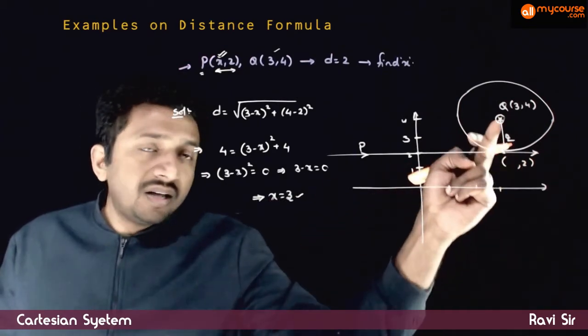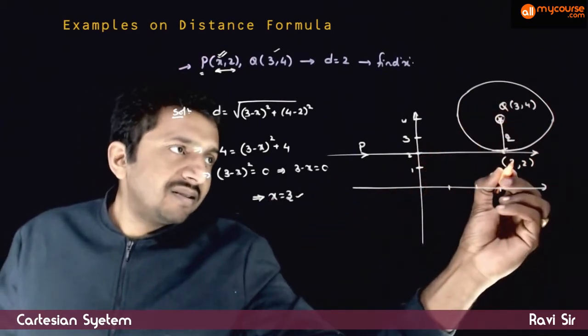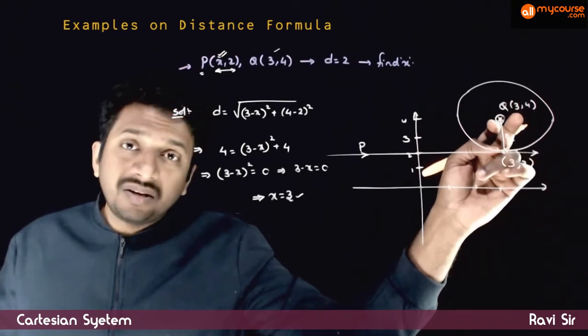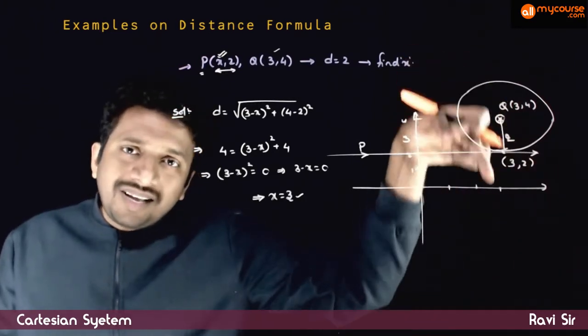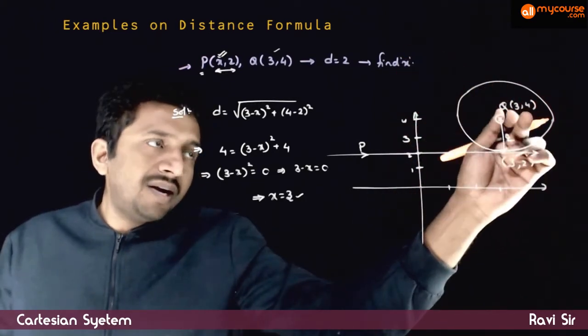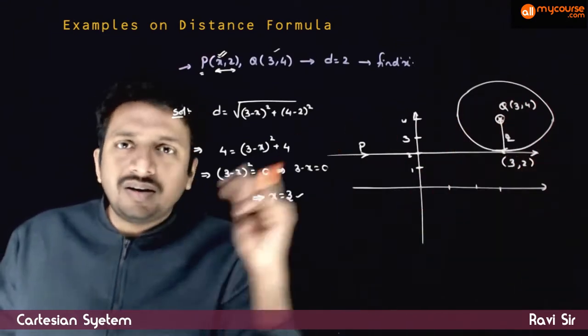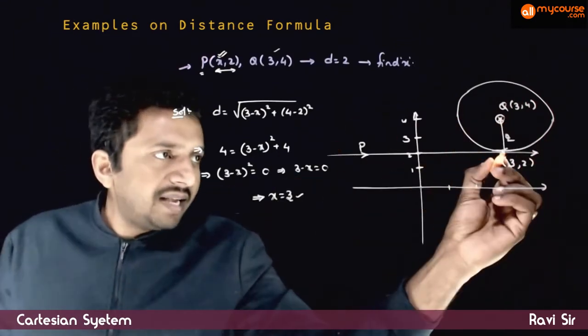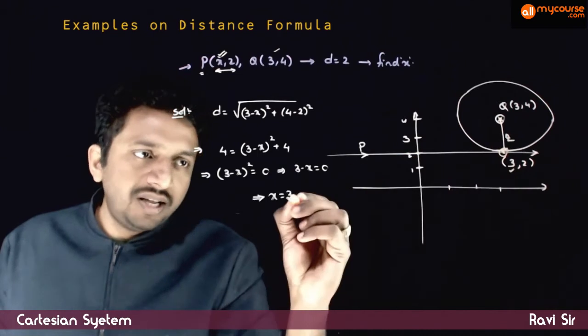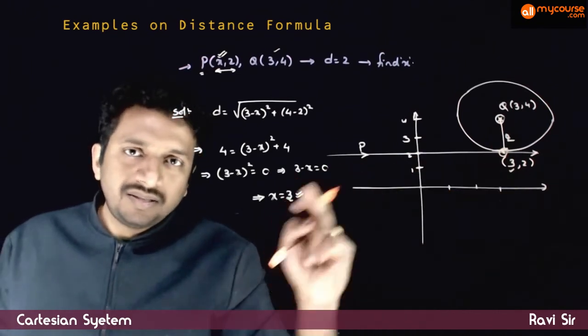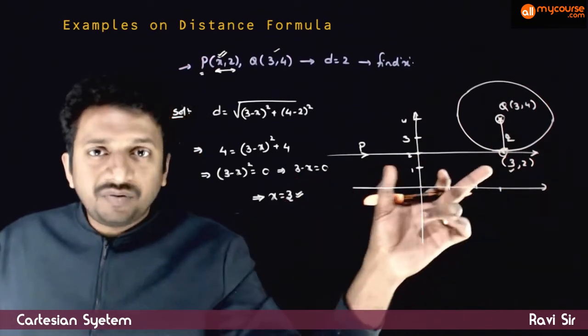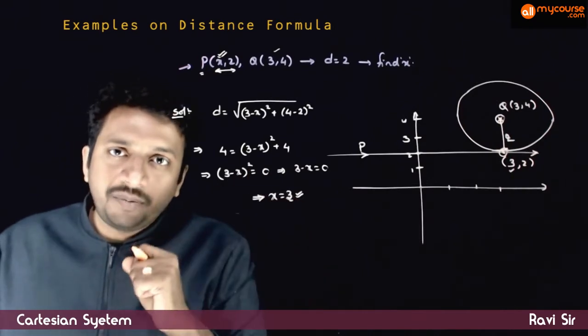The x coordinate will be exactly the same as the x coordinate of this point because going vertically downwards, only the y coordinate decreases, x coordinate remains same. So you get x as equal to 3. So do you see the relation between geometrical interpretation and formula interpretation?